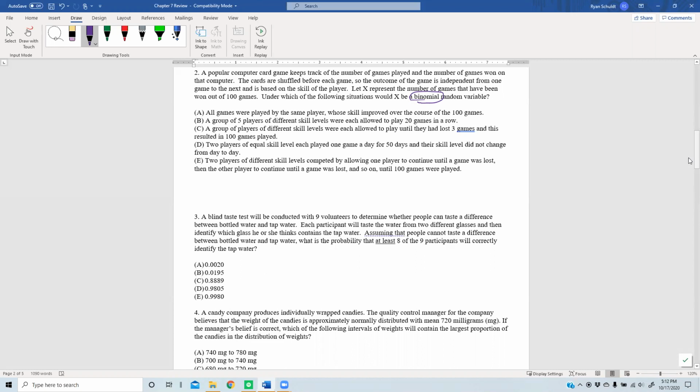So we've got to go through here and make sure that our answer choices satisfy the properties for a binomial. So A says that all games were played by the same player whose skill improved over the course of the games. If your skill improves, does that change your probability? Yes. So this means the probability is not constant.